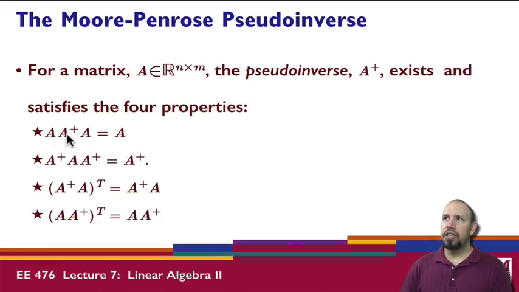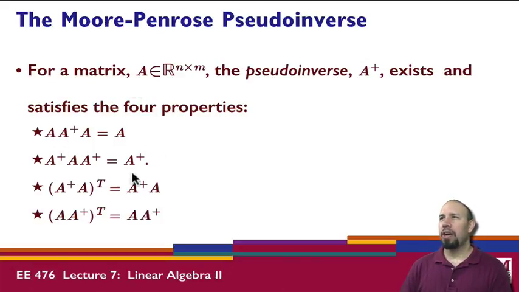If the matrix is square and the inverse exists, you can go through and show that all of these properties hold. So if the inverse exists, it is the pseudo-inverse, and vice versa. The pseudo-inverse is the inverse if the inverse exists. So where the pseudo-inverse is powerful is when the inverse does not exist.